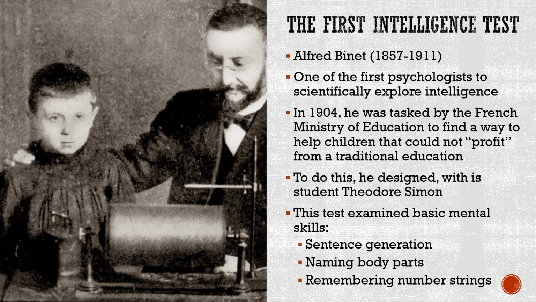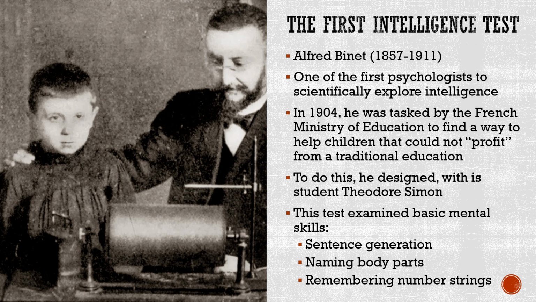So Simon and Binet spent nearly a decade devising different tests and different means of analysis so they could actually quantify the mental abilities of very young children, either in the first couple years of school or even prior to them arriving to school.